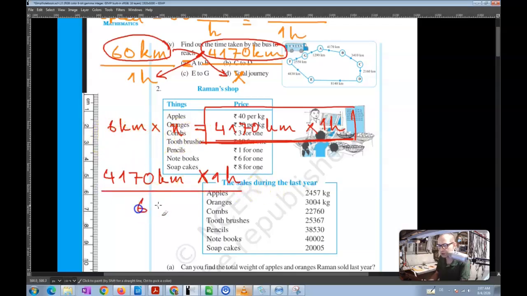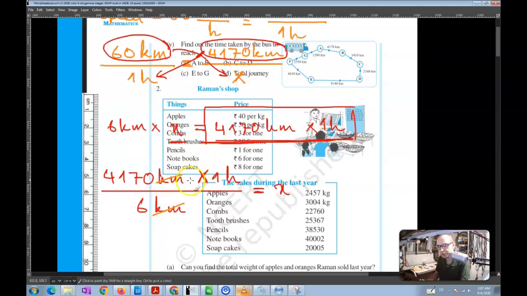I'm going to divide by 60 kilometers so that we can actually do some calculation here. This is supposed to be equal to this x, based on what we said about equations. Now we have a unit over here which is kilometers, and kilometer I'm going to cancel out together.